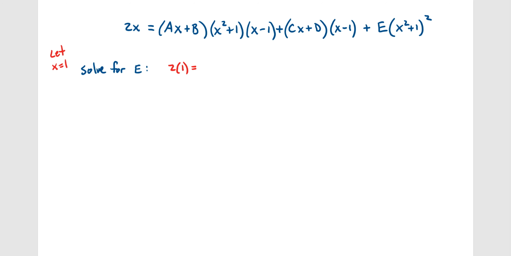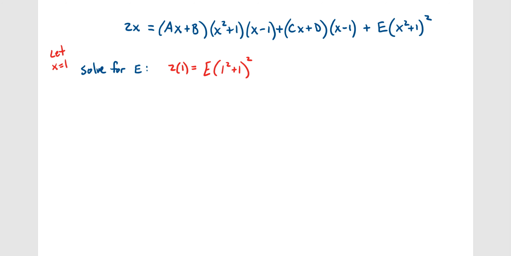and for the sake of simplicity, let's just recognize that if we plug in a 1 here and here, those huge terms are going to cancel. So I'm not even going to write them. We're going to be left with e times 1 squared plus 1 all squared. So just save some time there.